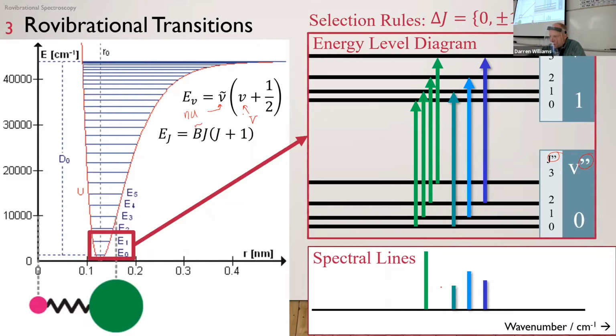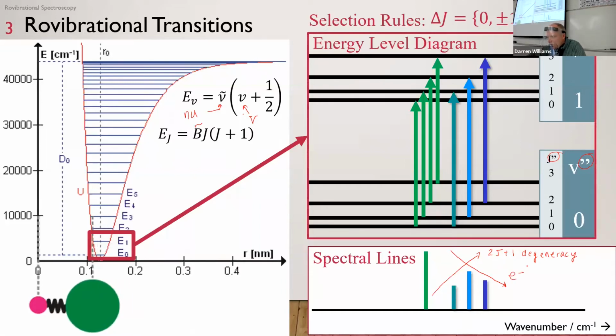In this case, degeneracy makes it want to become more intense, so 2J plus 1 degeneracy. And then you have this downward effect, which is the e to the minus E over kT effect.